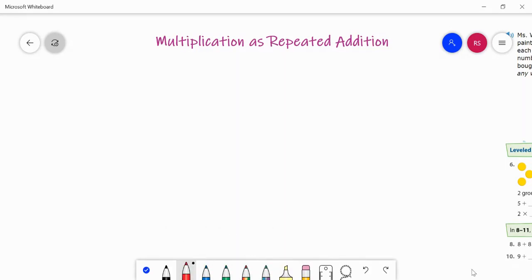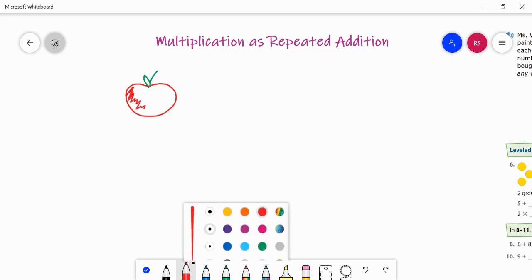Let's say I eat every single day, and I'm not a great drawer, so please do not judge my drawing. But let's say I eat an apple. This is going to be my apple here. Okay. Let's say I eat 2 apples every single day.